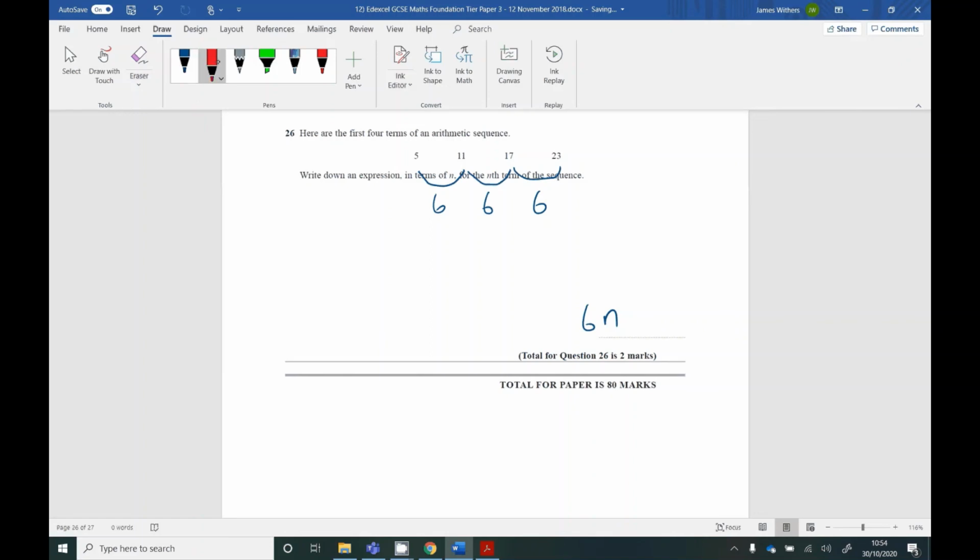The adjustment you need to tag on is to take into account this 0th term. It doesn't actually exist, but it would be the term that comes before the first term. Working right to left, you can see we're going down by 6s each time. So to work out this 0th term, it's going to be 5 take away 6, which is minus 1. So we just have to tag a minus 1 onto the end. And that is our nth term expression.